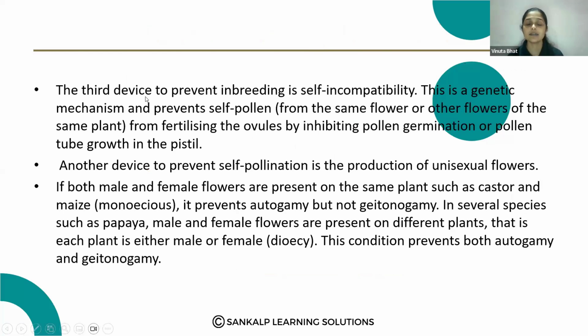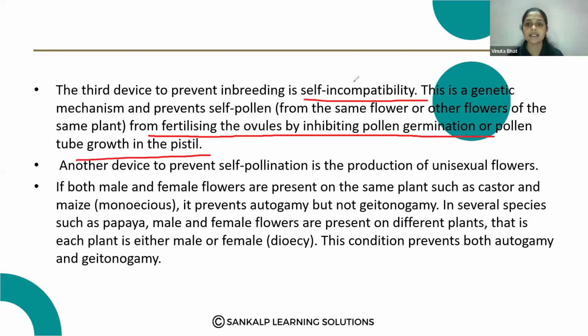Then the third device to prevent inbreeding is self-incompatibility. What is self-incompatibility? Self-incompatibility is a genetic mechanism which prevents self pollen, that is, the pollen grain of the same flower transferred to the stigma of the same flower, from fertilizing the ovules by inhibiting the pollen germination or the pollen tube growth on the pistil.